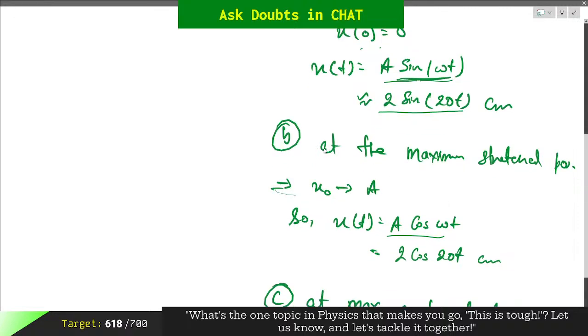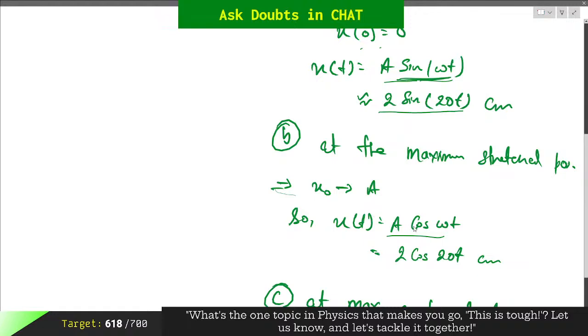Now in part B, when initially the block is at the maximum stretched position, x naught would be equal to a, that is 2 centimeter away from the mean position. So x(t) would be equal to a cos omega t. Now let's assume that the function of SHM would be a cos omega t.